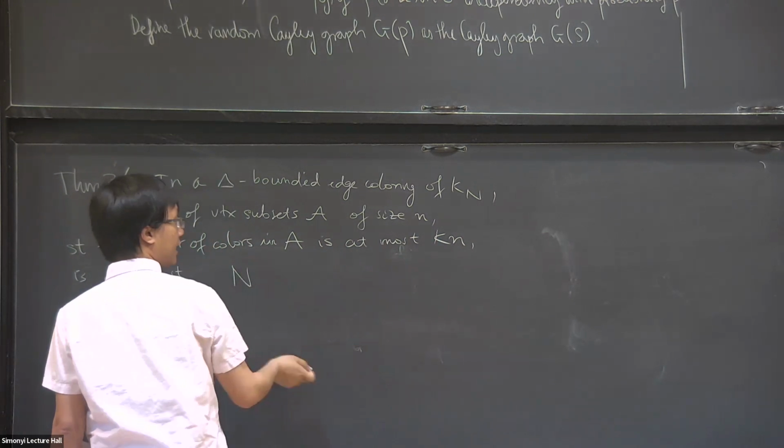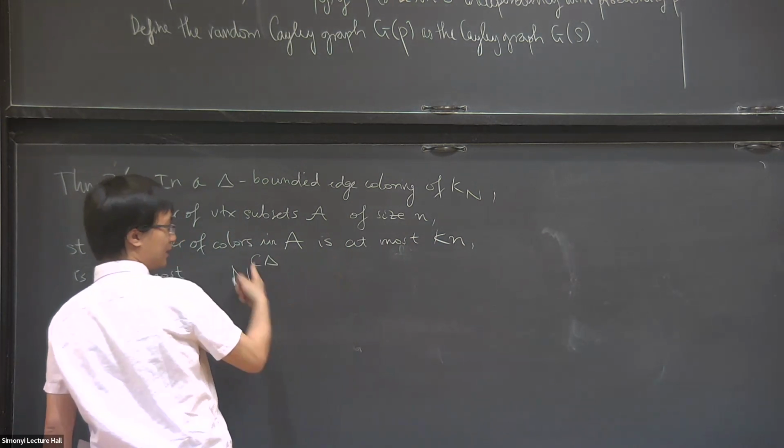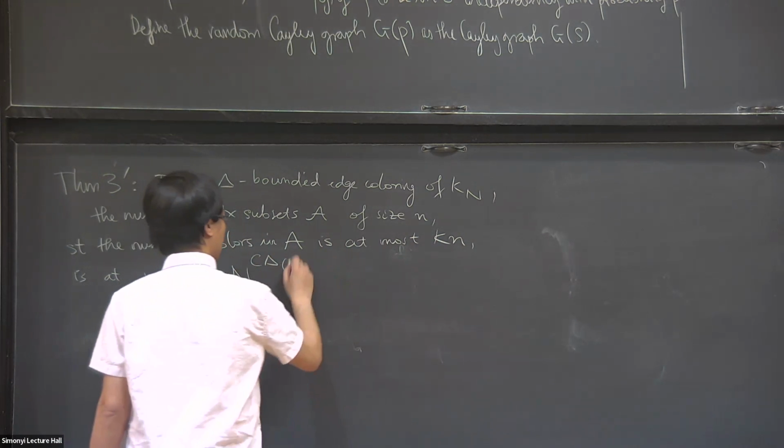So big N raised to the power C, where now C depends on the parameter delta, the max degree.